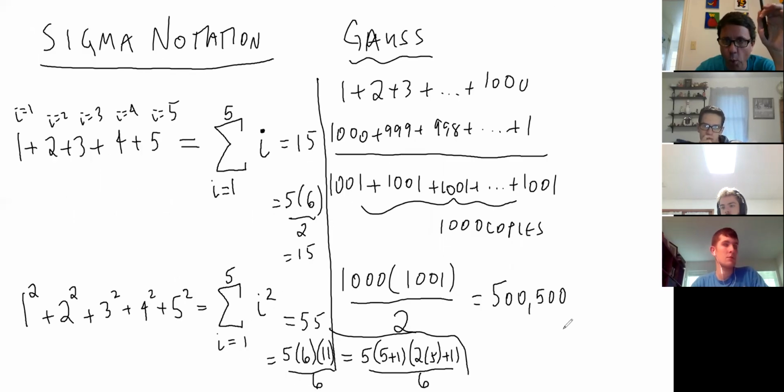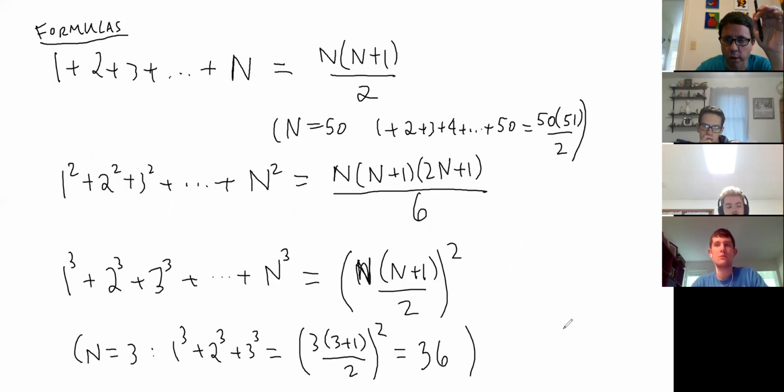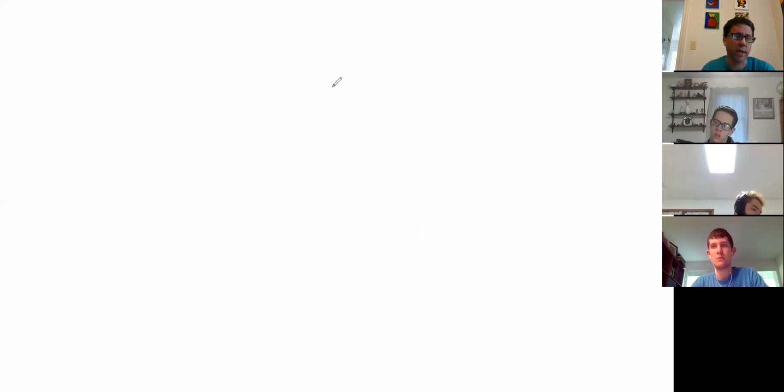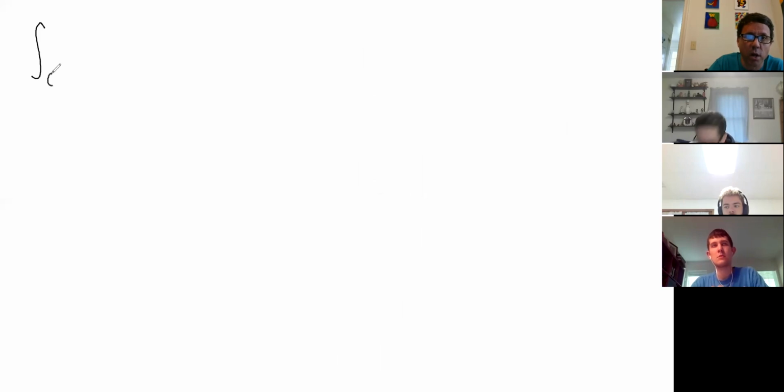But if we want to do more and more rectangles to make this work, we're going to need some way to handle this large number of rectangles. So I'm going to go slowly through this because there are lots of steps to this one. But let's go back to our example, 0 to 4 of 4x minus x squared. So we're back to our arch.